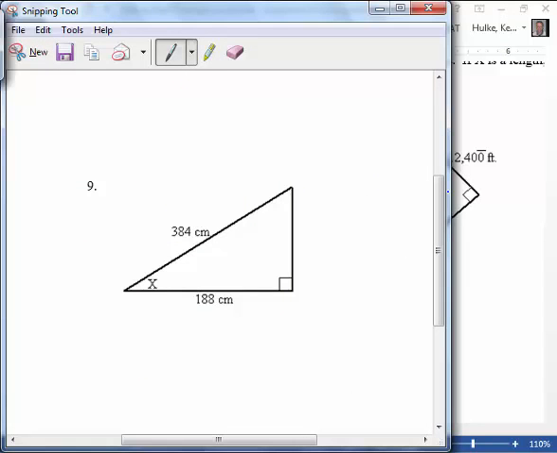Looking for this angle. This is the adjacent side and this is the hypotenuse. So cosine x is 188 over 384.